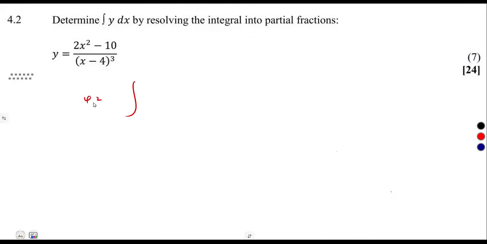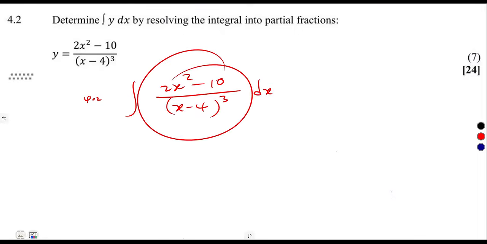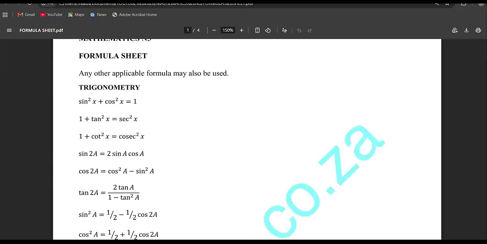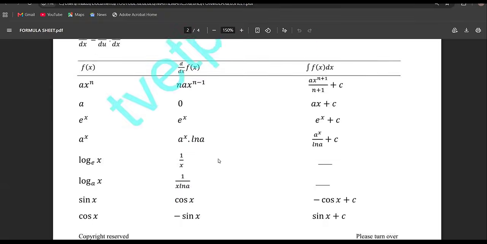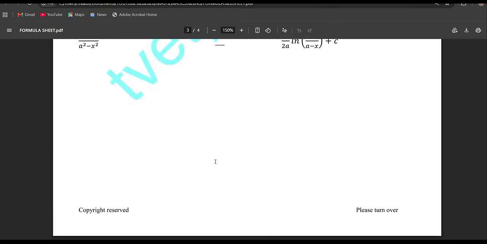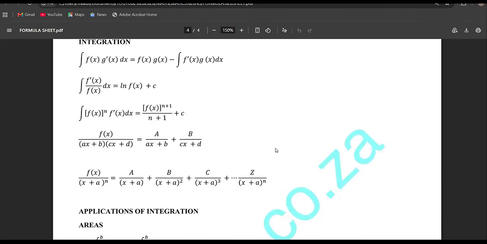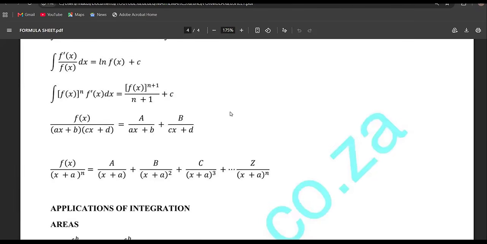To integrate 2x squared minus 10 over x minus 4 cubed, you need to resolve this into partial fractions, using our repeated linear from our formula sheet. Let's hope they did not remove this one, because they are removing and adding and so on.